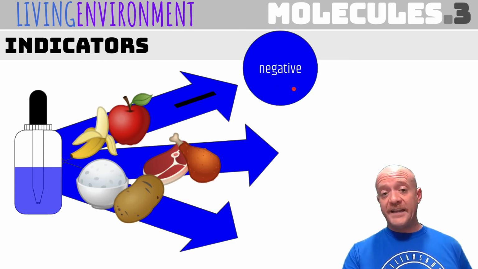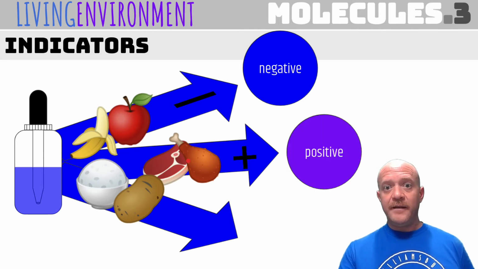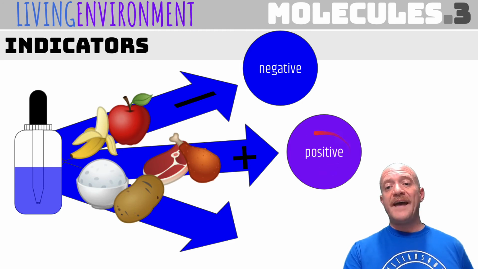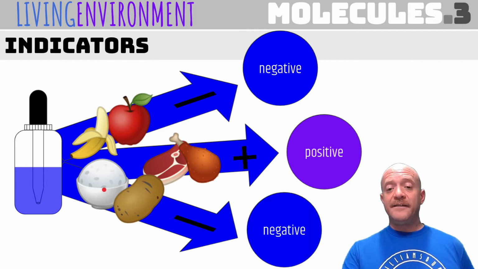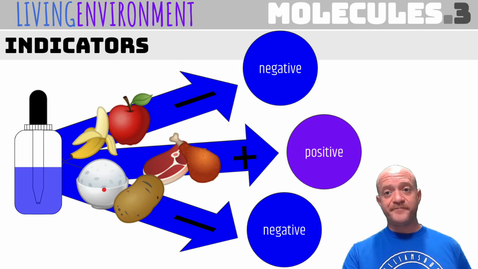There will be no change. When you add the biuret, the protein indicator, to meats, which contain protein, it will turn a purple color, and that indicates positive. And when you add it to starchy foods or foods with carbohydrates, you will get a negative result. There will be no change.